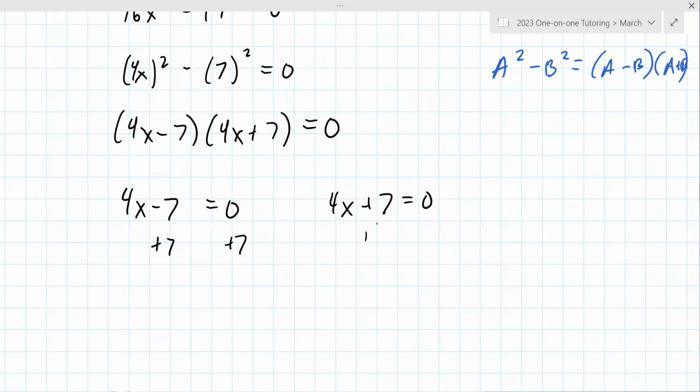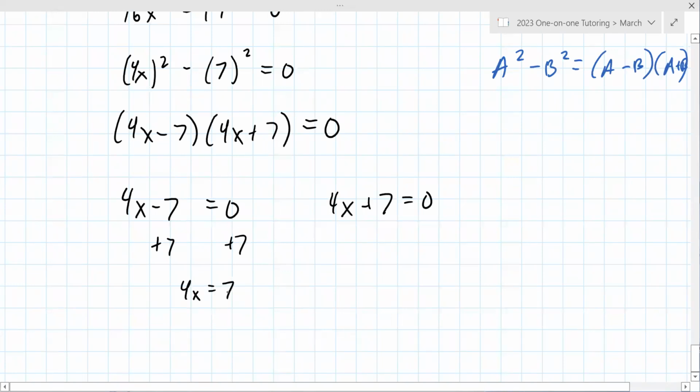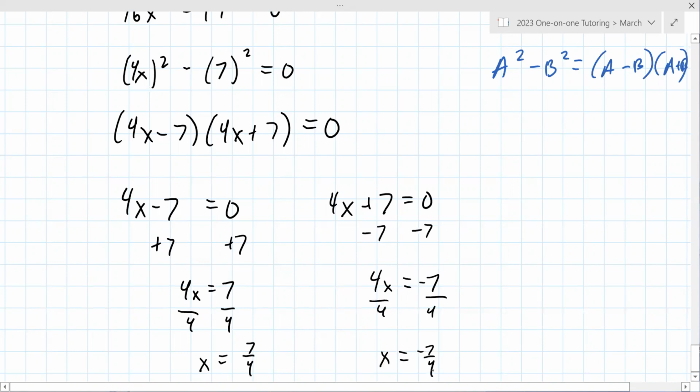Oh, 7, and so that's 4x equals 7. Oh, okay. Then divide by 4.